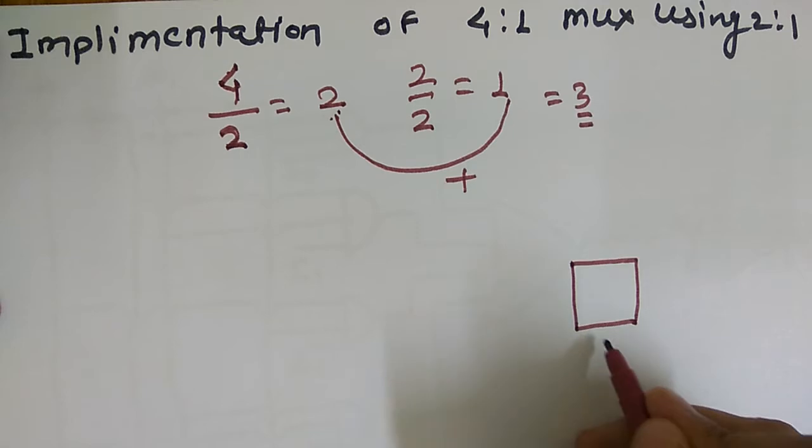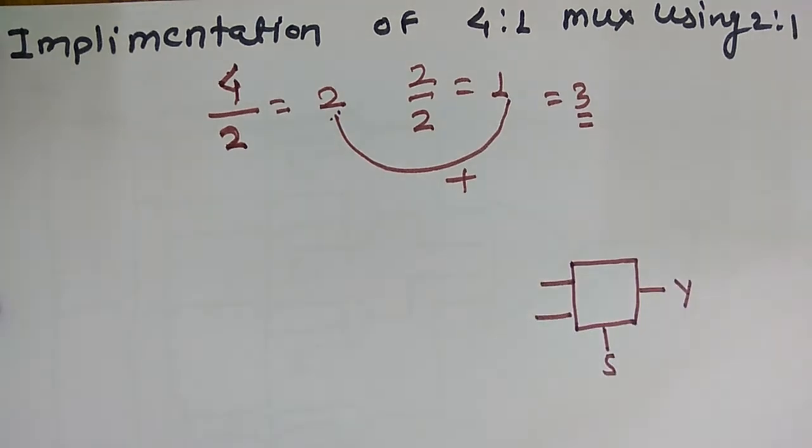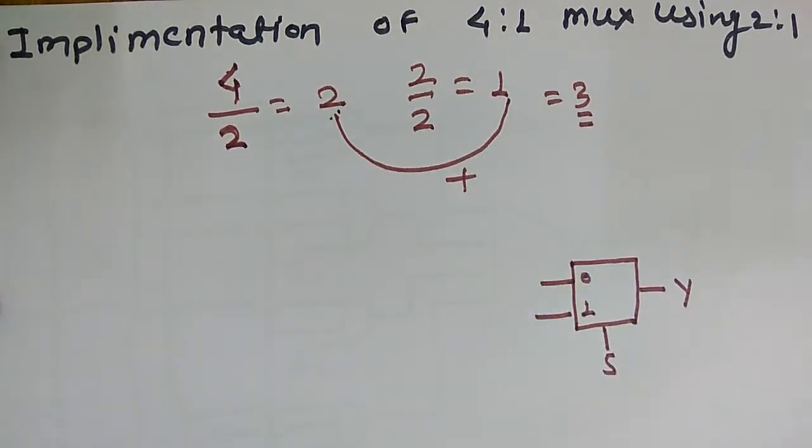This has one select line, 2 inputs and 1 output. So guys, we require 3 mux. So when we make the table of 4 raised to 1, I'm just making the table.